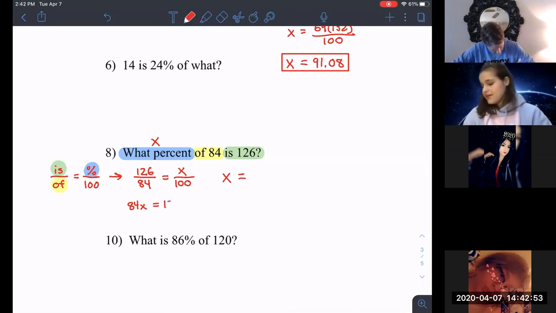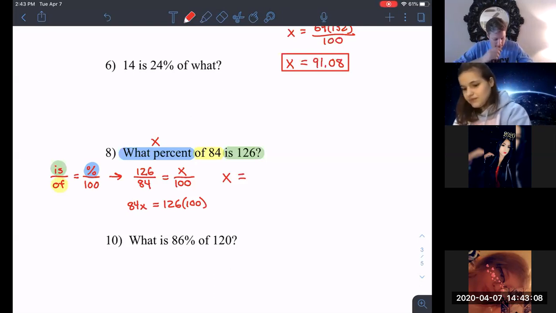I don't know what to do next. Okay, well, we got to solve. You're looking at my screen, right? This is what you have? Remember, the first thing you want to do is simplify the right side. So we can multiply 126 times 100.